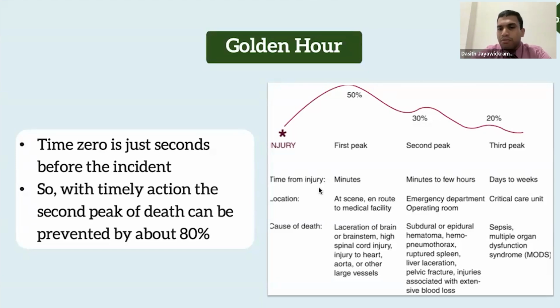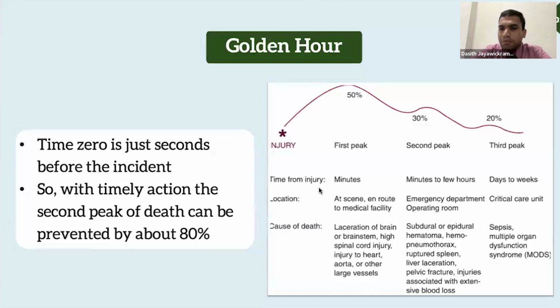For the first peak, yes, the patient might die, but we can try. Even though the patient might die within minutes, we can still try to save that patient. So by this golden hour, we try to protect and save the lives of these 80% of patients.